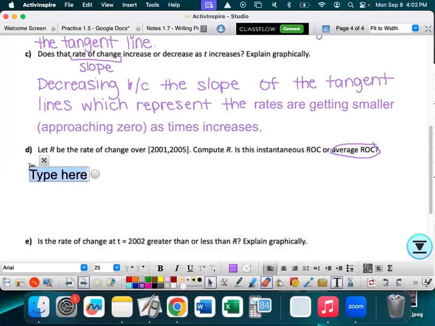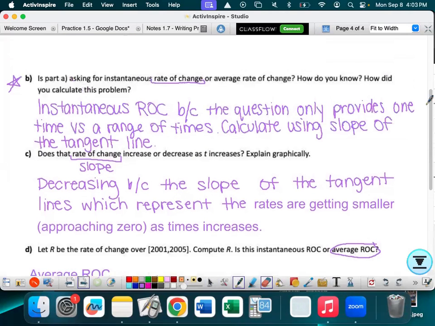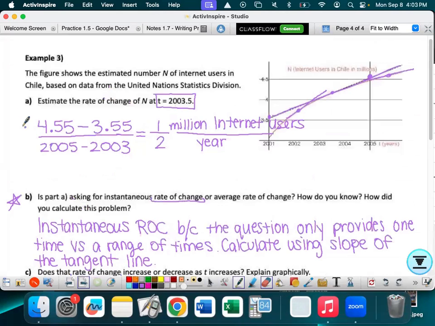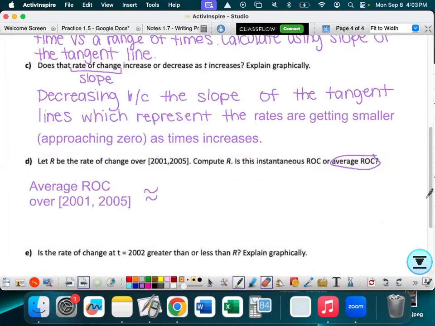So for the average rate of change from 2000 until 2005, because we are estimating it, we should probably have a squiggly equal sign, which I should also have in question 1A. Well, I guess we estimated that, so that's implied. Never mind. So I want you to go ahead and do that.